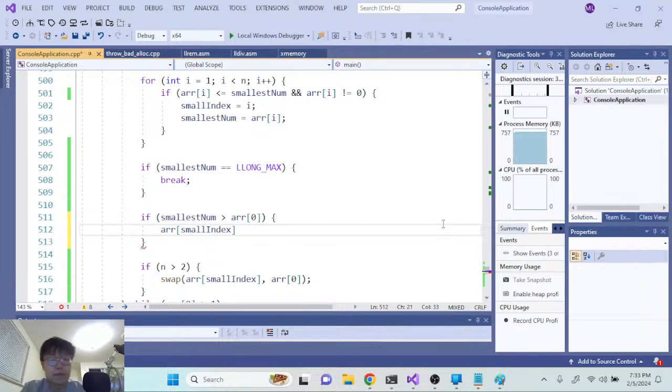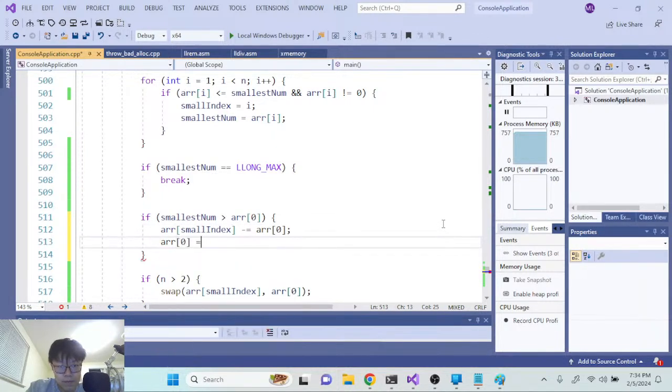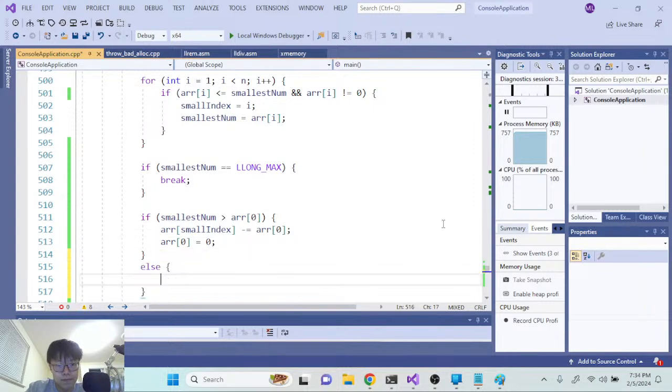All right, we're gonna set this to 0, and then we're gonna do all small index. 0 minus equal to smallest number.